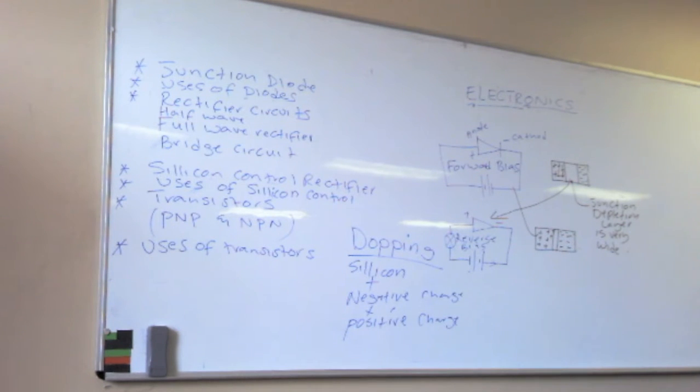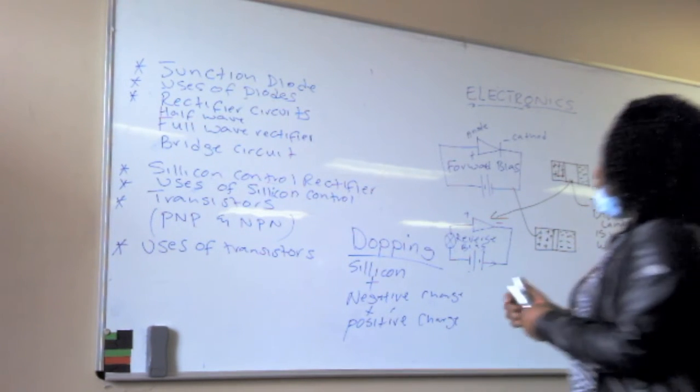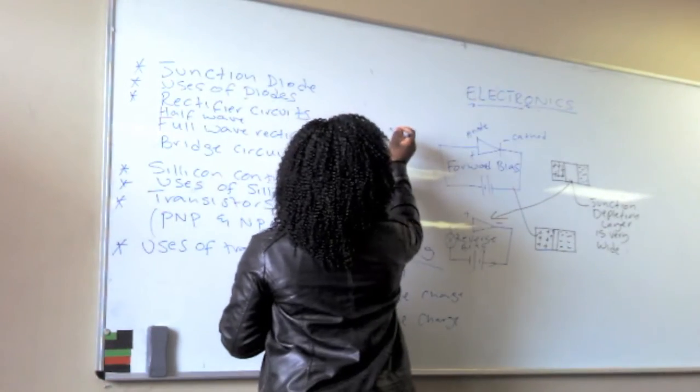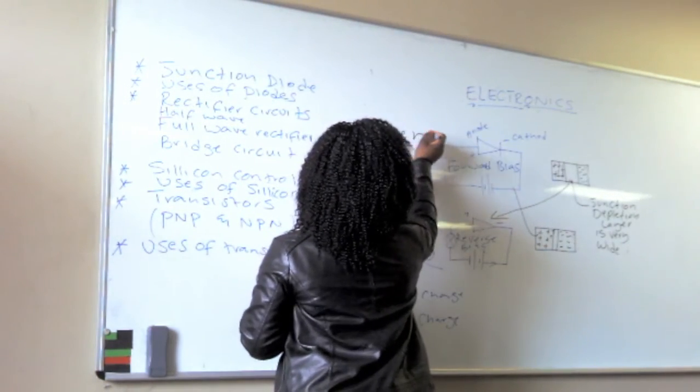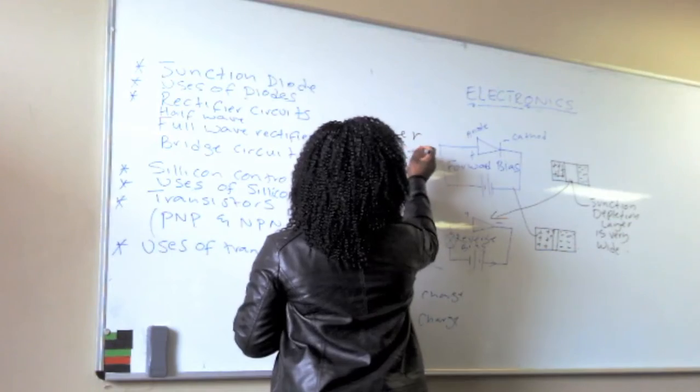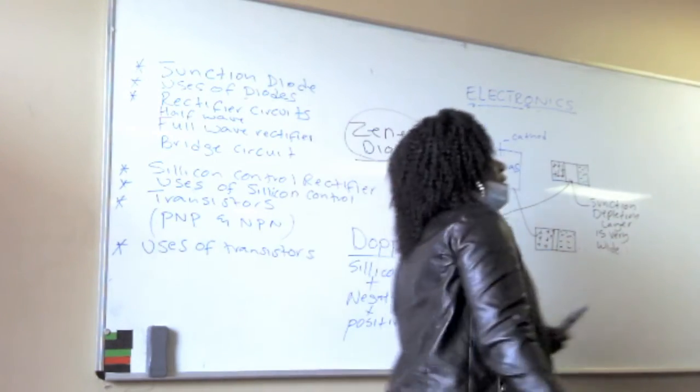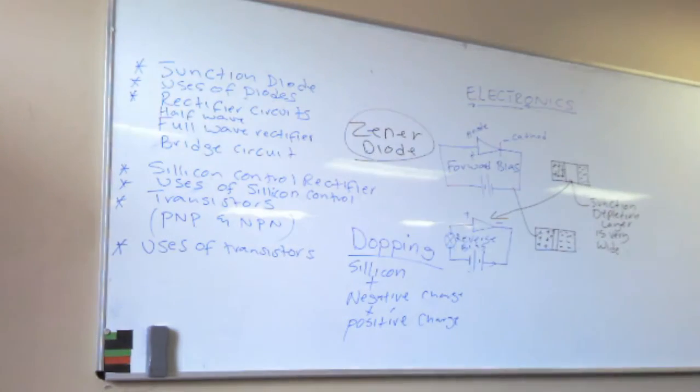But we do have another special diode that I must mention to you. Like I said, we have too many diodes. The next one, which is a special diode, is a Zener diode. Z-E-N-E-R. This is a special diode because even in reverse bias, it allows current to flow.